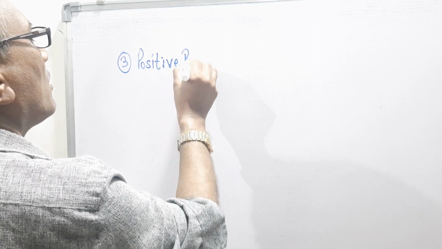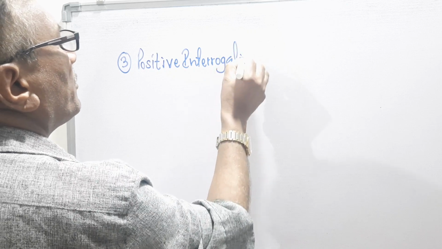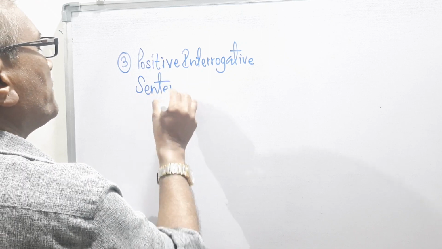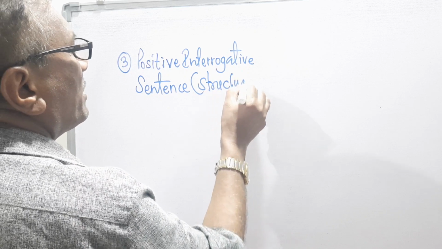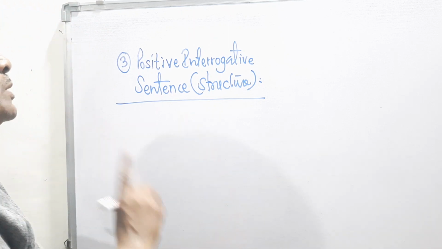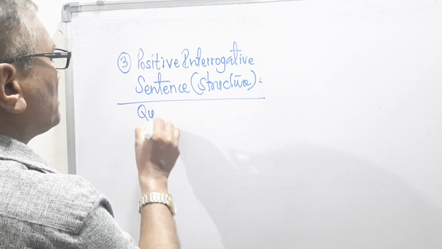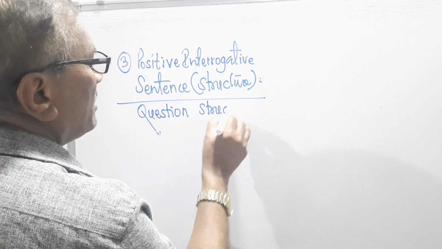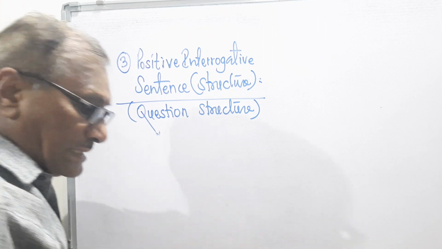Sentence means structure, structure means sentence. So here we are now studying the positive interrogative sentence or structure, means this is the question structure. Question structure means this structure will make the question sentence.